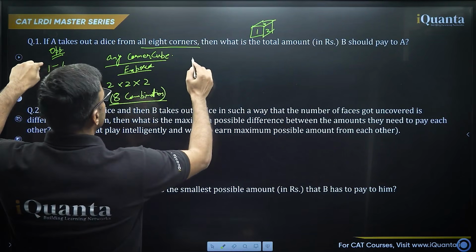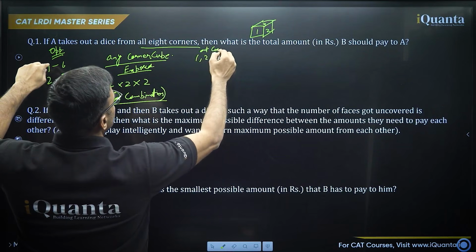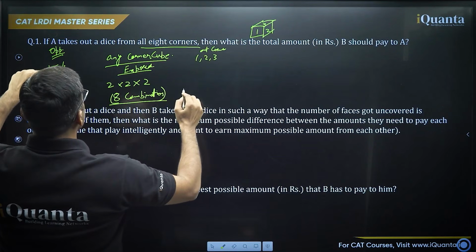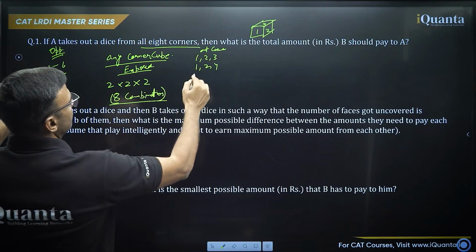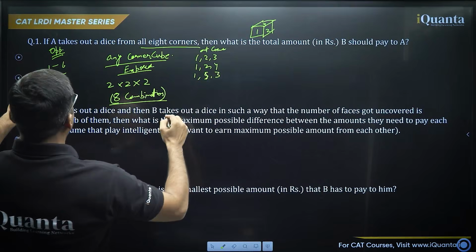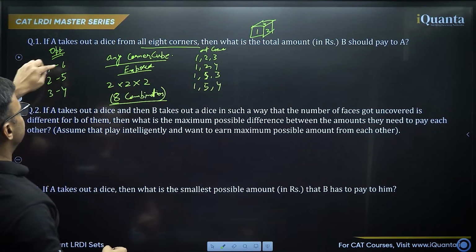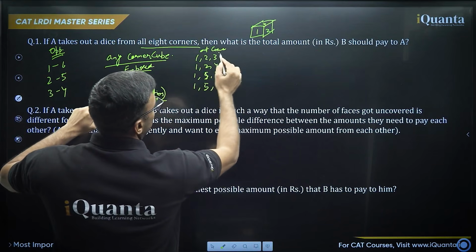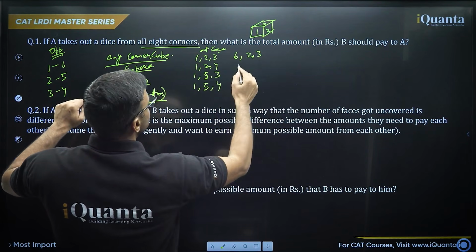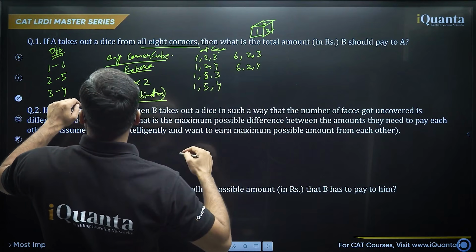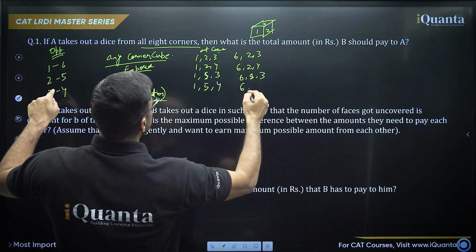The possibilities will be 1, 2, 3 at corner, or 1, 2, 4, or 1, 5, 3, or 1, 5, 4, or 6, 2, 3. These are at corners, okay? 6, 2, 3, or 6, 2, 4, or 6, 5, 3, or 6, 5, 4.